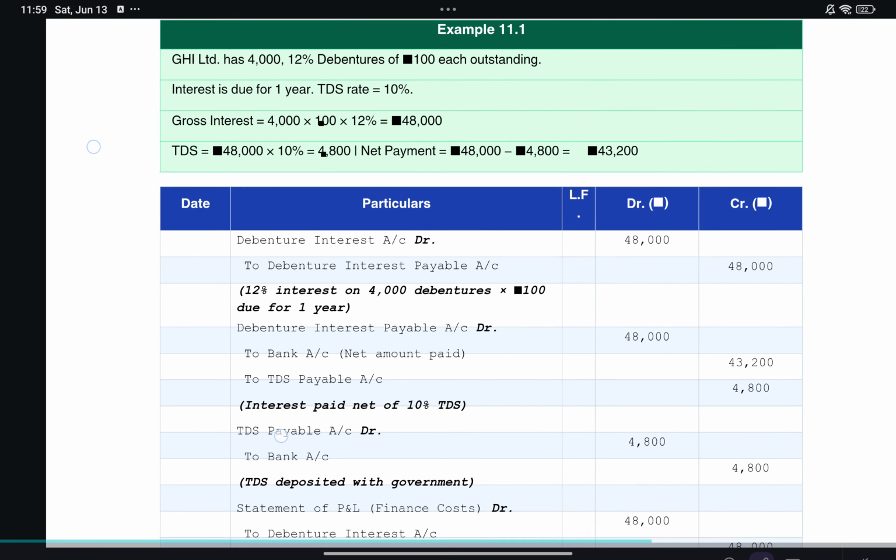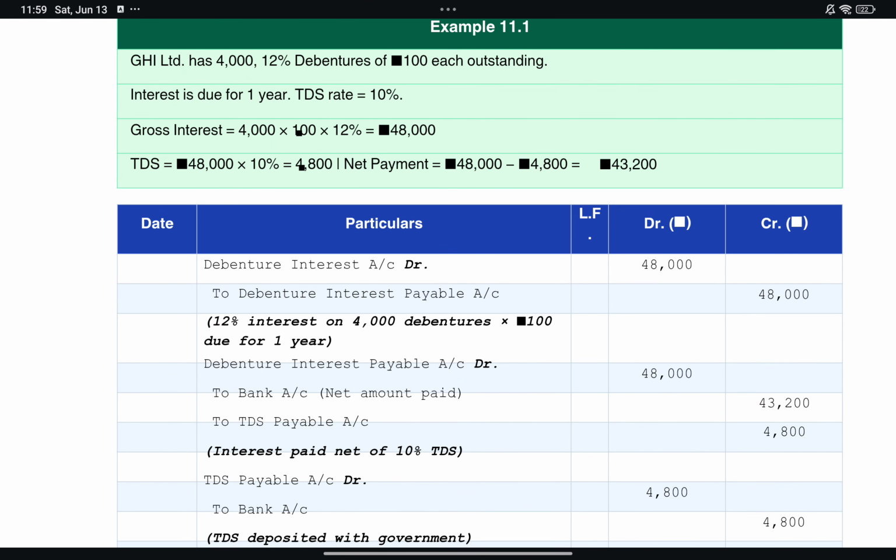Let's see a numerical. GHI Limited has 4,000 shares, 12%, 100 each outstanding. Interest is due for 1 year, TDS rate 10%. So how much interest should be payable? As interest is always calculated on face value, first of all calculate your face value: number of shares multiplied by price.